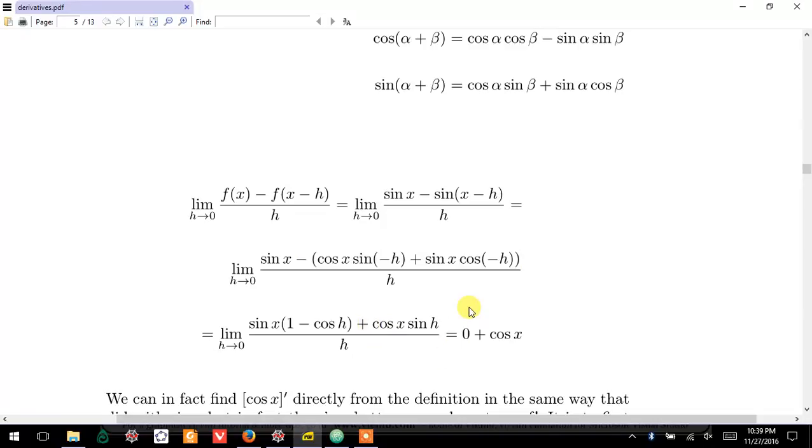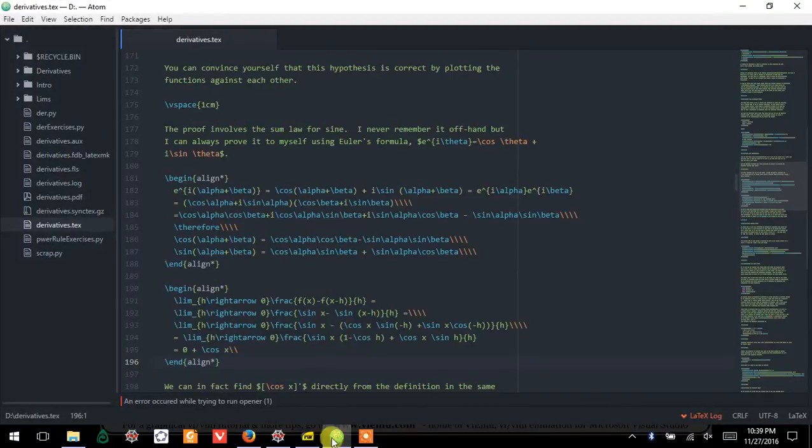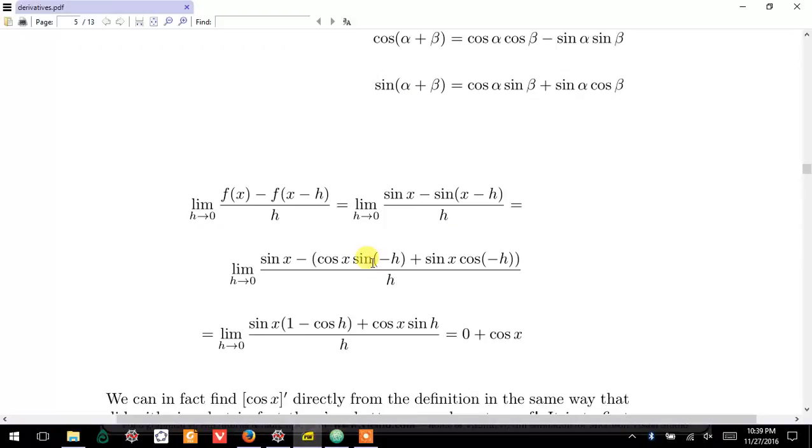Now, the next thing to use is the fact that sine is an odd function. You should recall that from trig. And because it is an odd function, you can take that negative on the h and move it to the outside here.